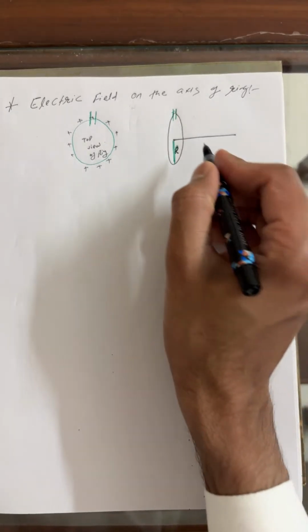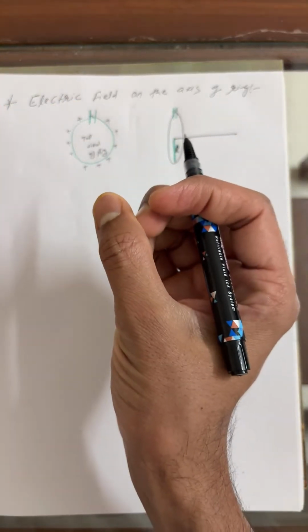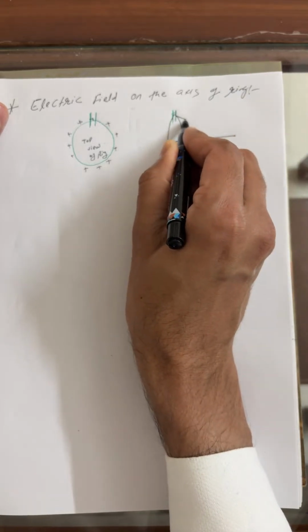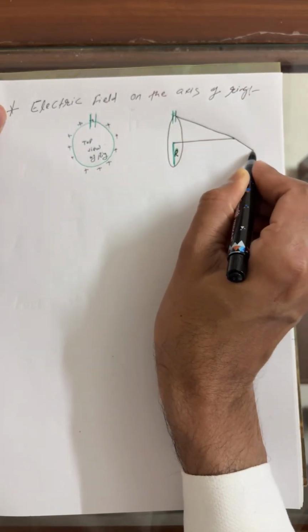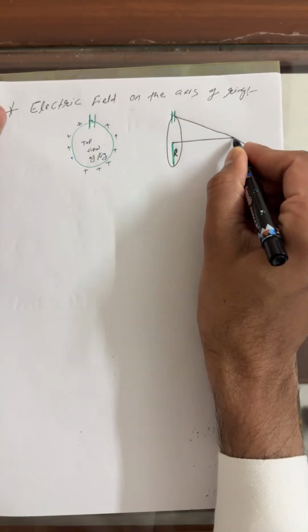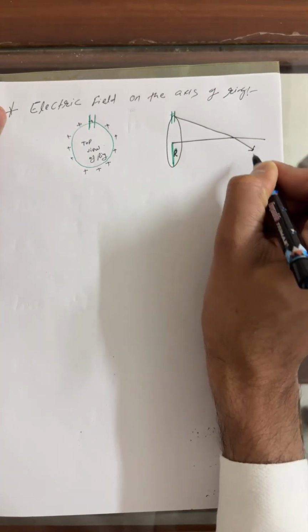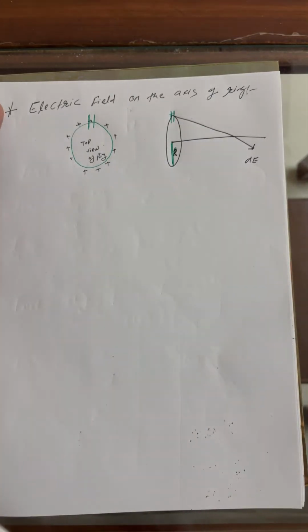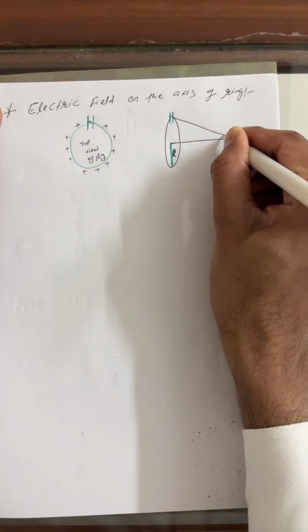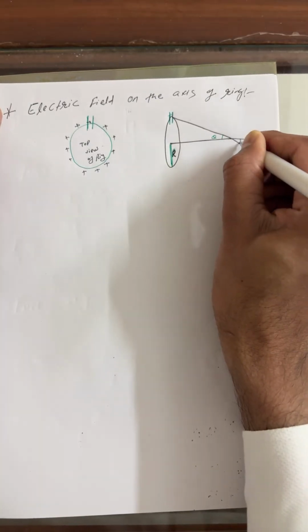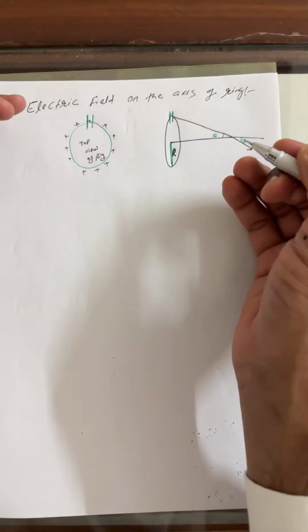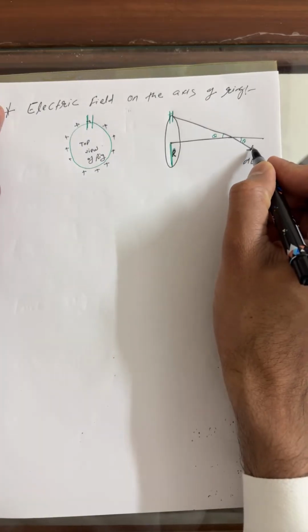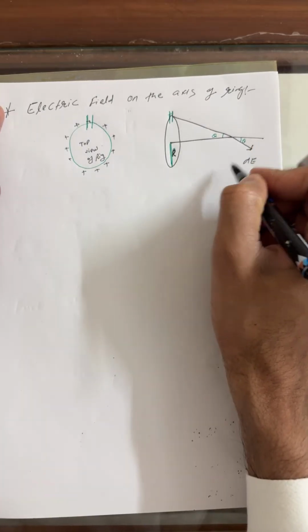Let us suppose you have to use vectors only. Due to this small element, the electric field is dE. Let us suppose this angle is theta. You can take the components: dE cos theta and dE sin theta.